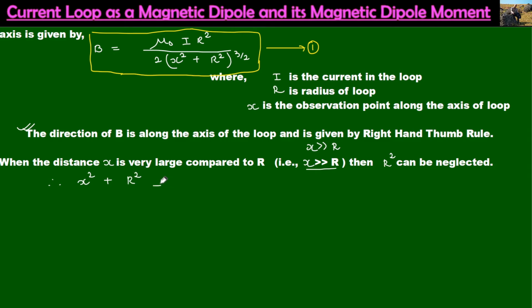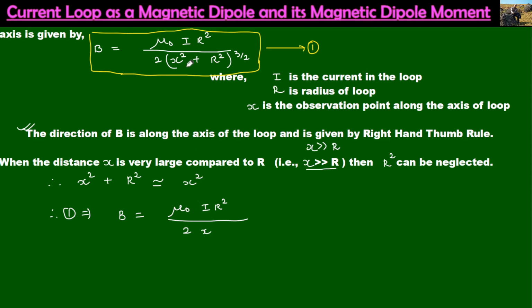When we neglect r square, this expression is approximately equal simply to x square, which means that equation 1 takes this form now. We have the expression mu naught I r square divided by 2.